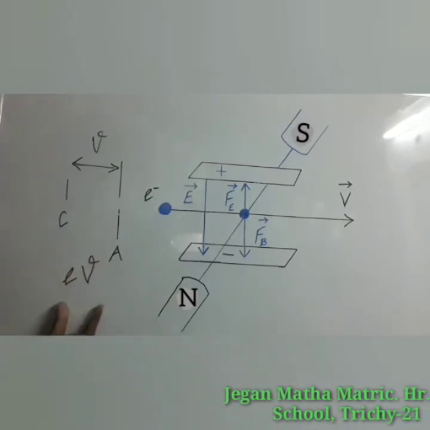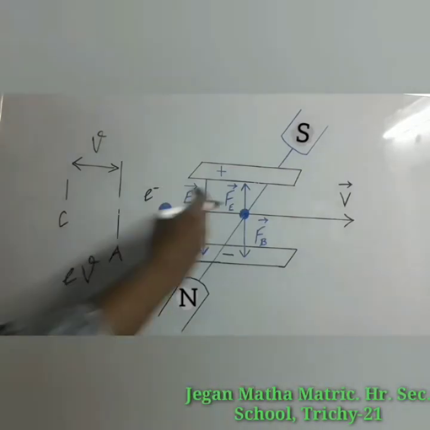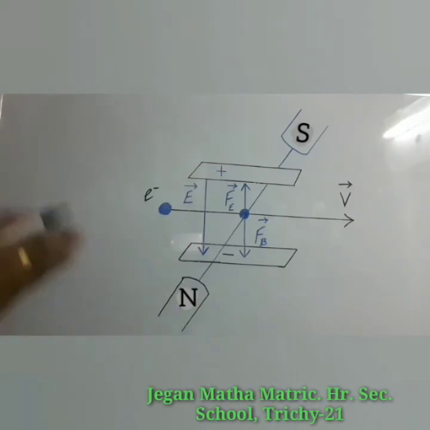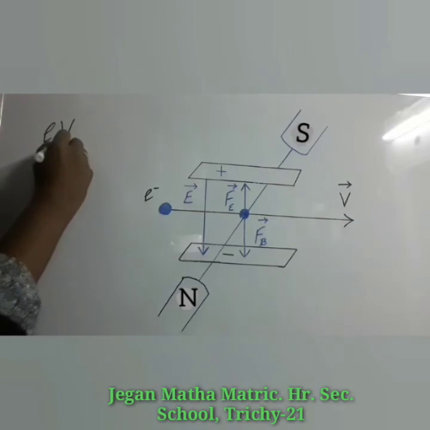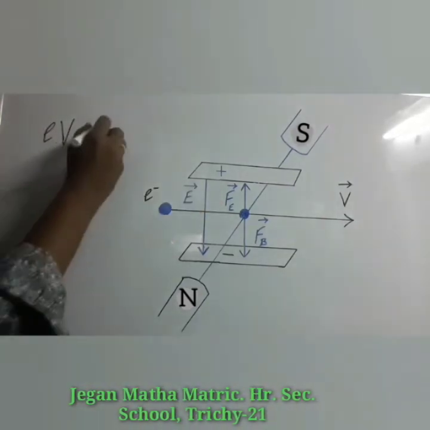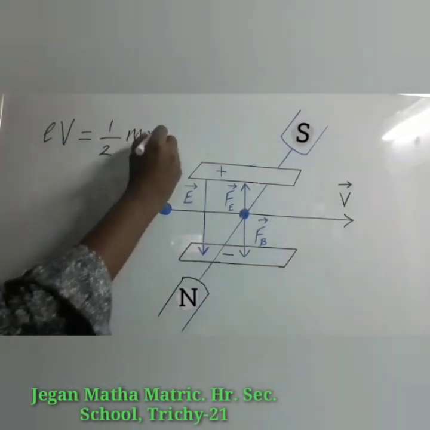This potential energy is converted into kinetic energy of the electron. From the conservation of energy, the potential energy given to the electron is converted into kinetic energy. What is the expression for kinetic energy? Half m v square.